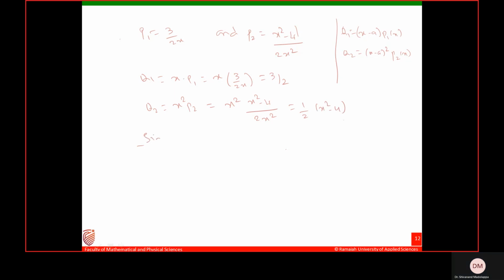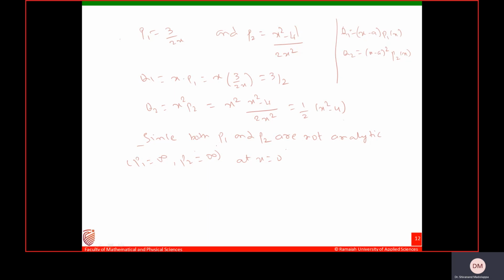Since both p1 and p2 are not analytic, p1 is equal to infinity and p2 is equal to infinity at x is equal to 0.